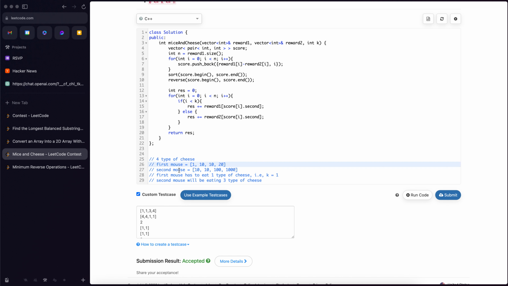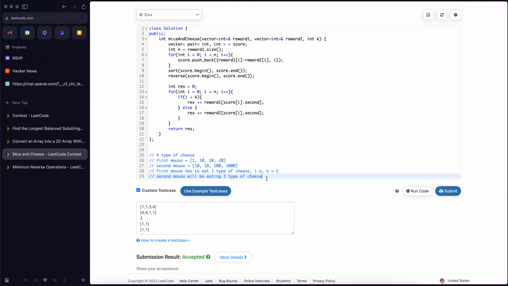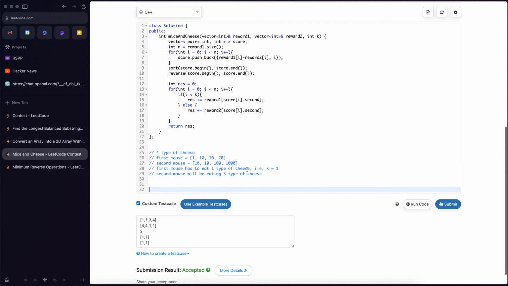But the reward associated with the second mouse on the fourth cheese is quite large, so it will always be in our favor to maximize the points, so we allow the second mouse to eat the fourth. Okay, so this was just a simple observation, and we had to take care of this.